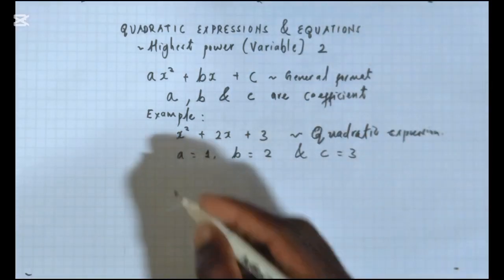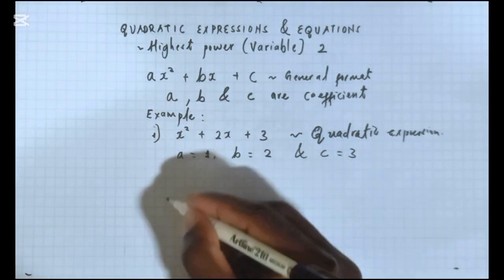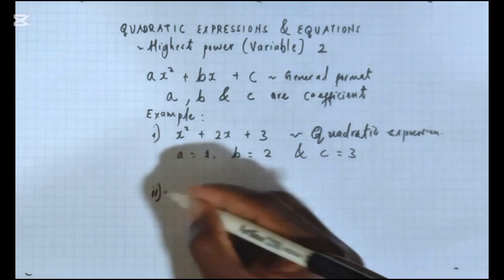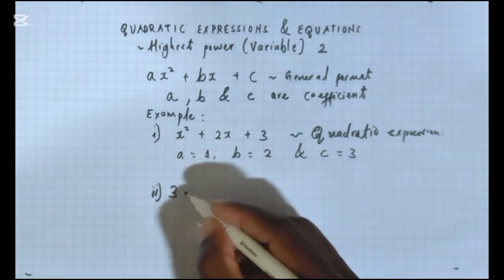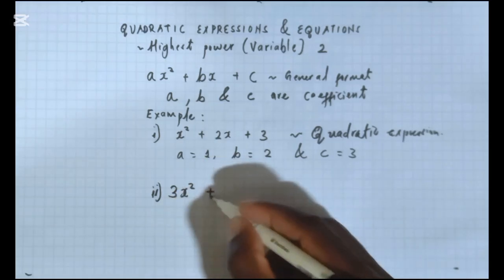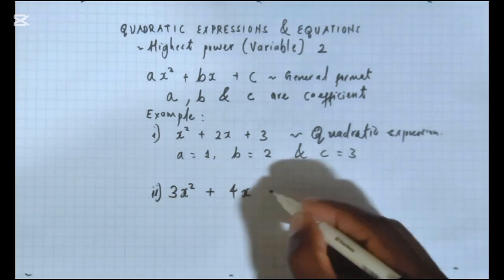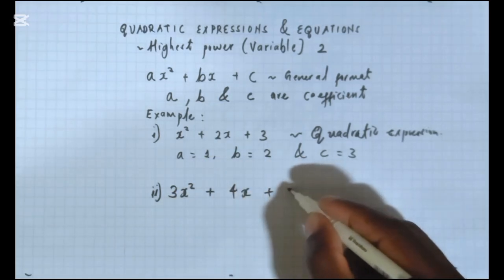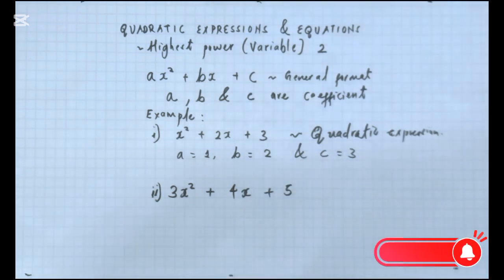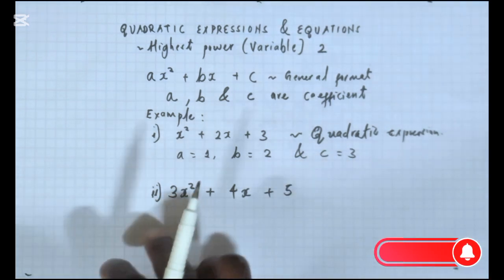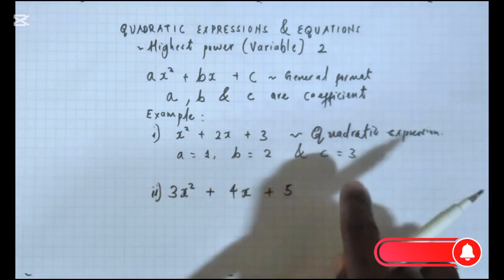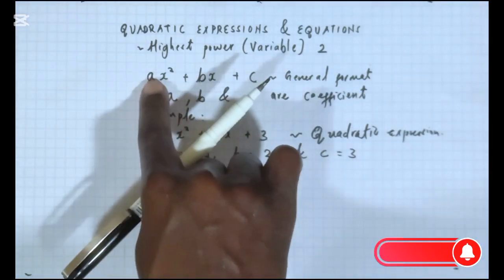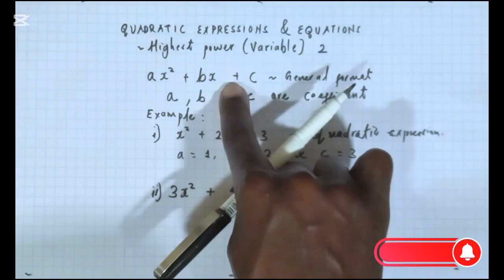So another example I can give of a quadratic expression again, to make it easy for you to understand, would be, let's say, I take 3x squared plus 4x plus 5. All right. So this here also qualifies to be what? A quadratic expression. Why? It has taken the general formula of a quadratic expression, which is ax squared plus bx plus c.